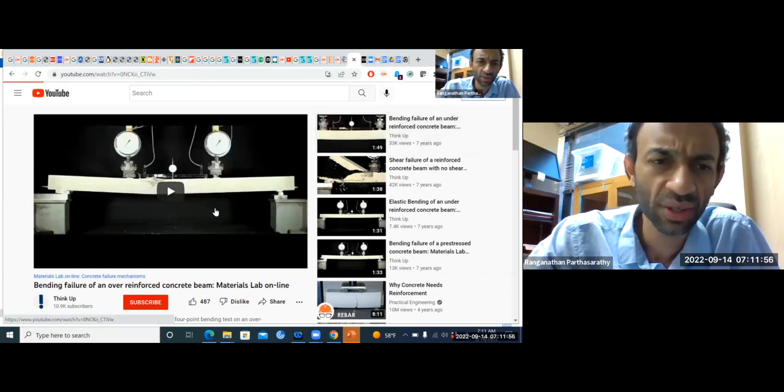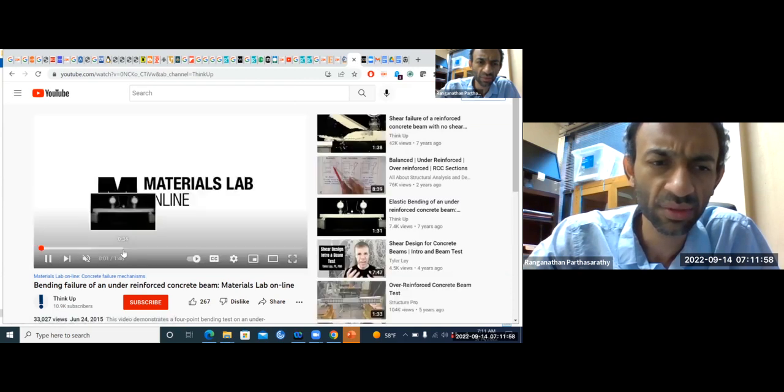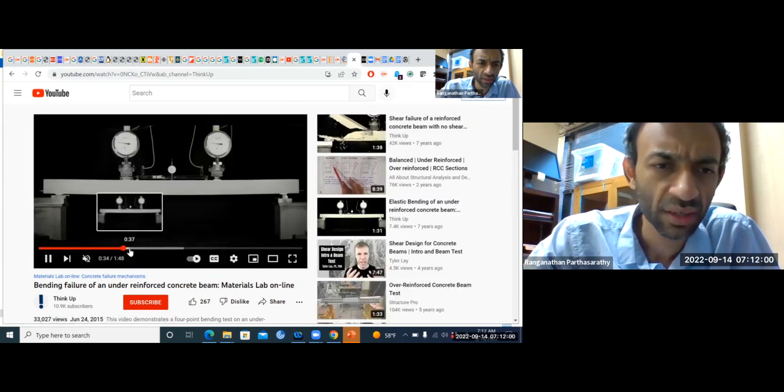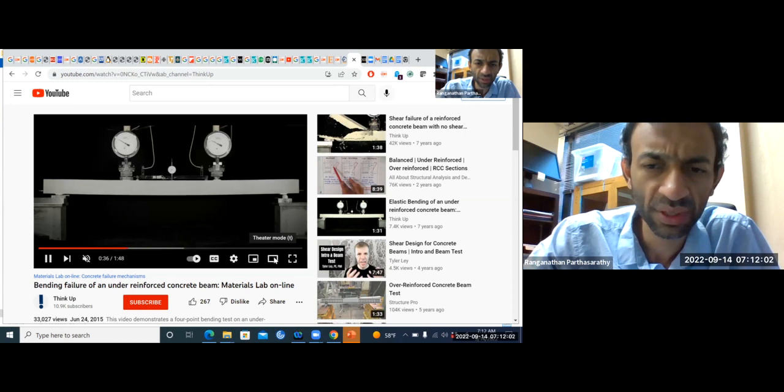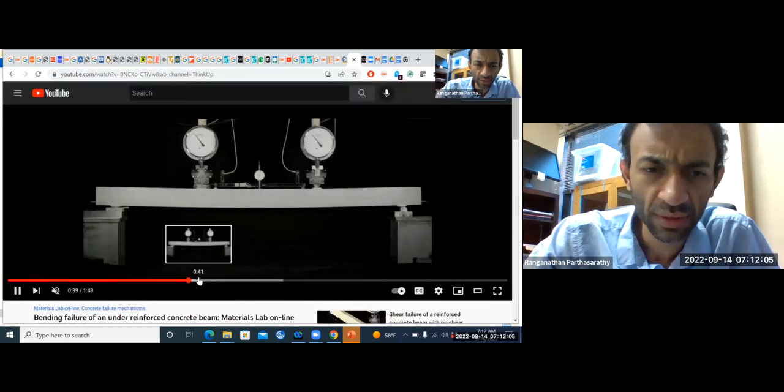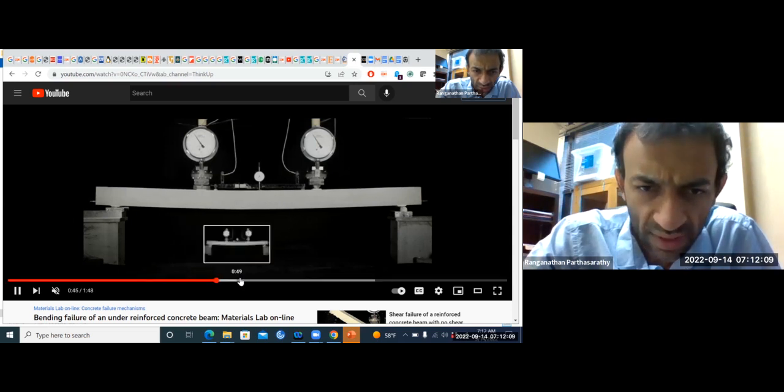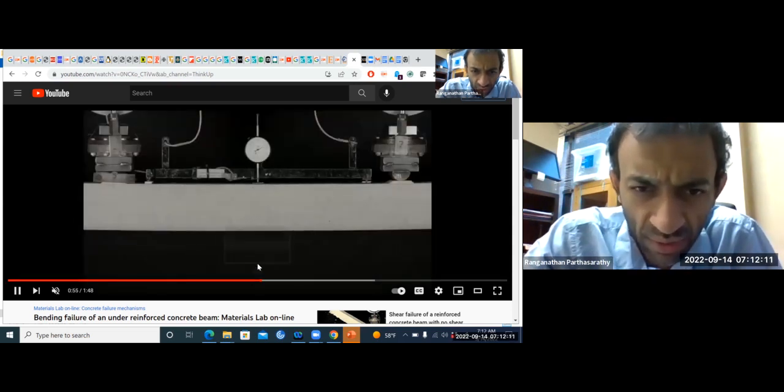You contrast that with the under reinforced, where you will have a slow progression of cracks. You see the cracks developing there. I think they show a close up.